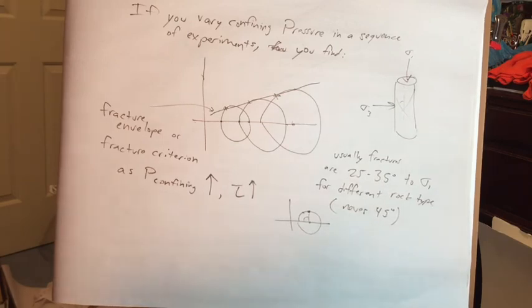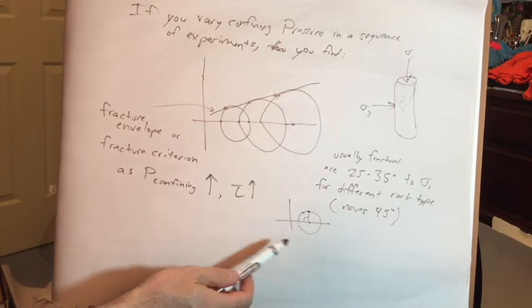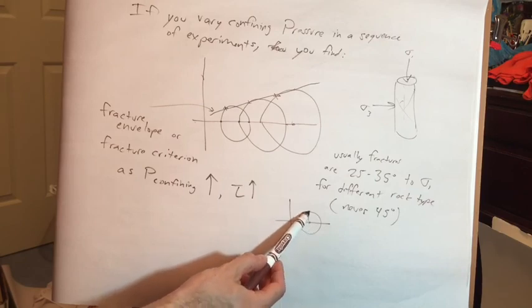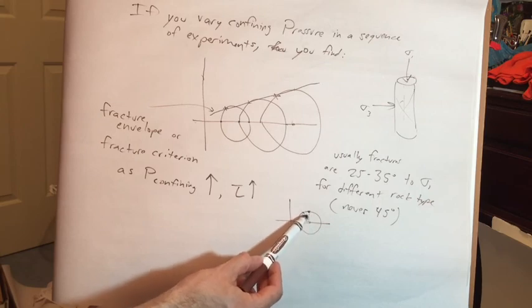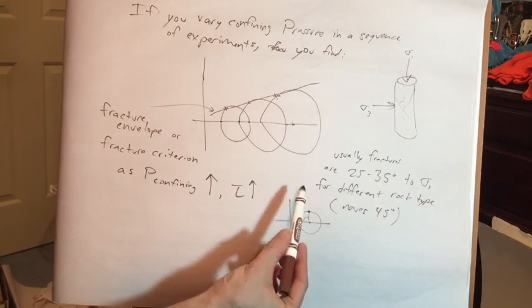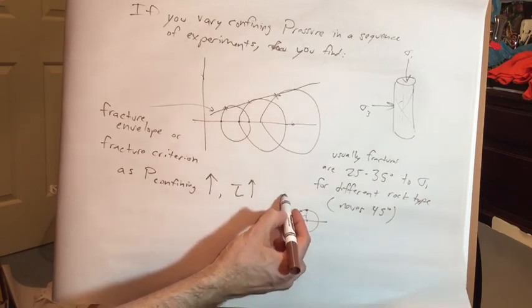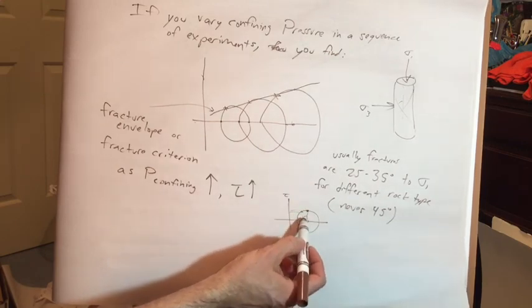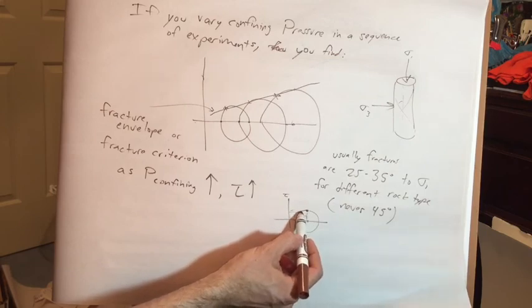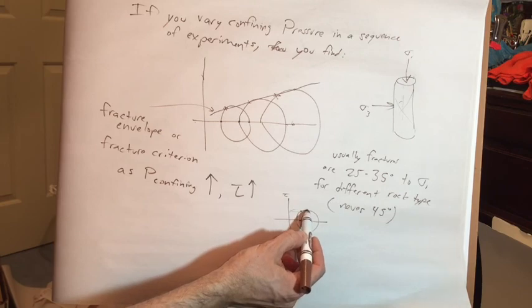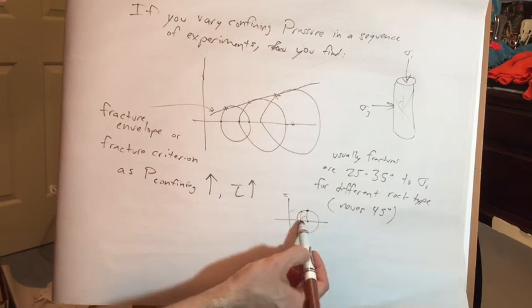And so basically, the way we can understand that is, just because of the shape of the circle, both of those points have a very similar shear stress. But there's a significant reduction in normal stress from that point to that point.